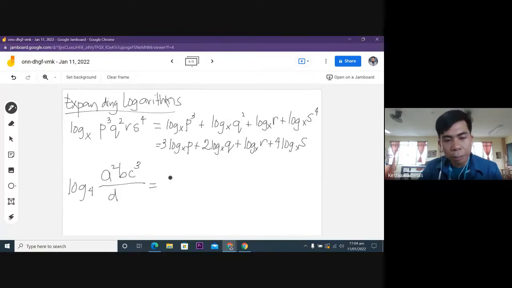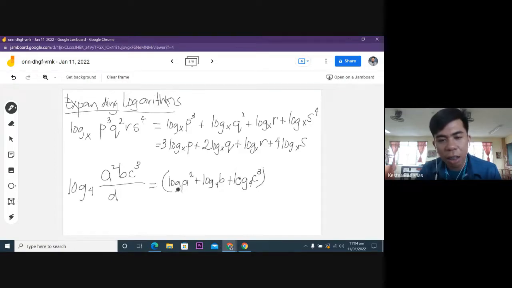So, magiging logarithm of a squared with the base 4 plus logarithm of b with the base 4 plus logarithm of c cubed with the base 4, pakikulong sa parentheses, over what?